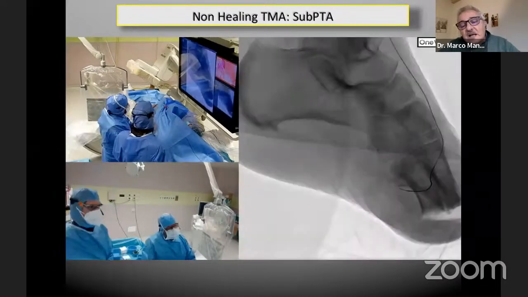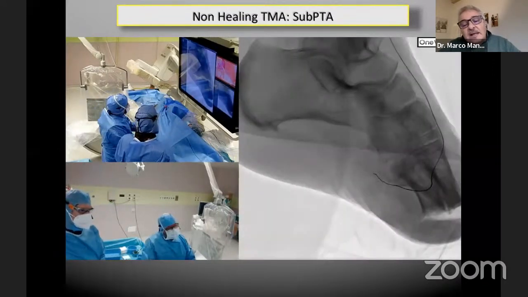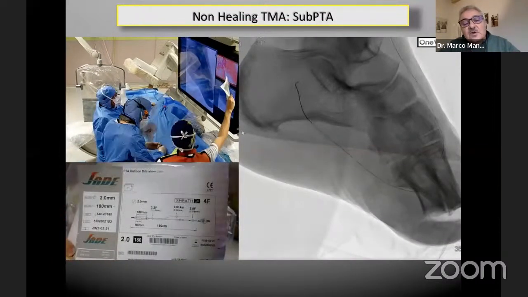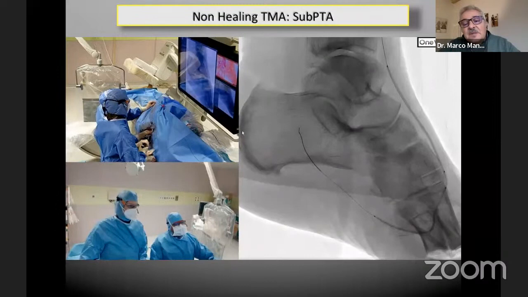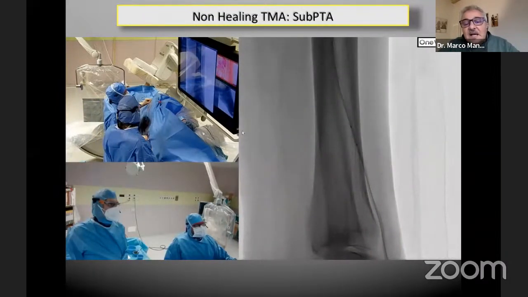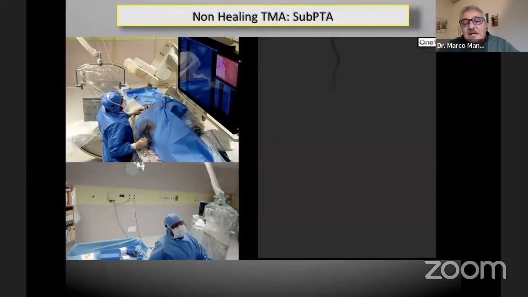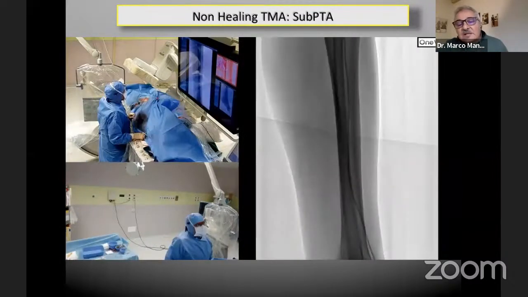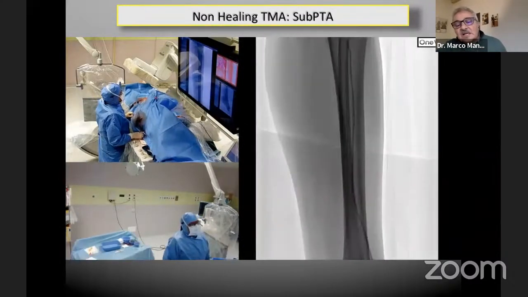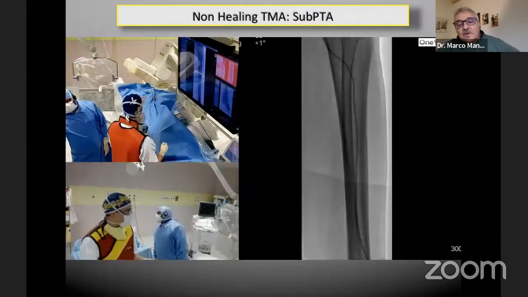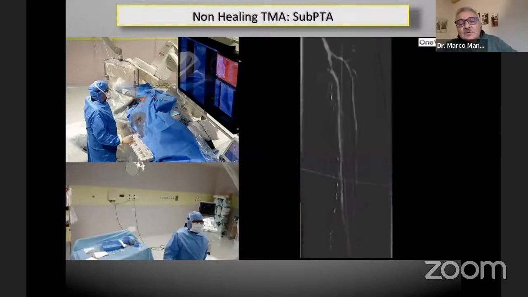There is also a lateral plantar artery patent in this foot, so we can decide to recanalize aggressively this anterior tibial artery and the pedal artery, in order to have a direct inflow and outflow towards the amputation.